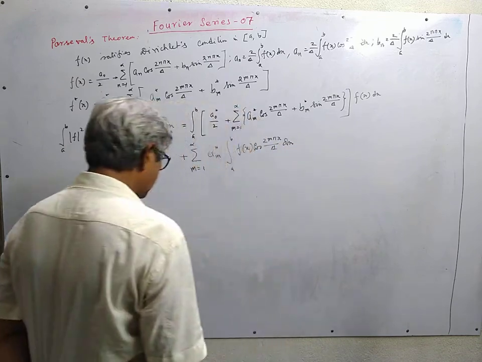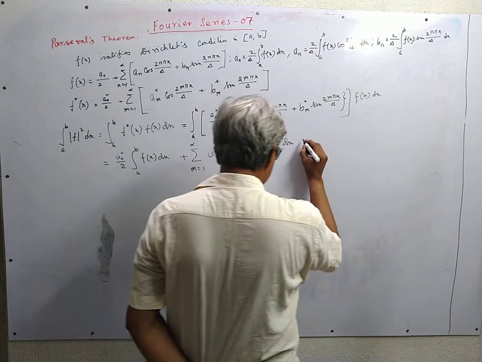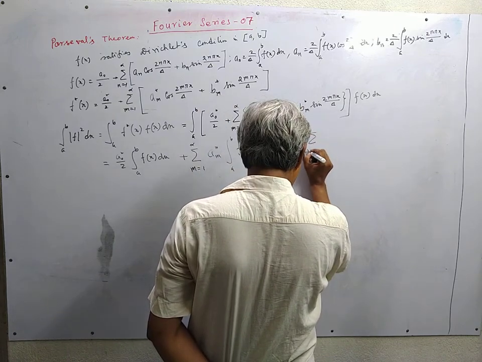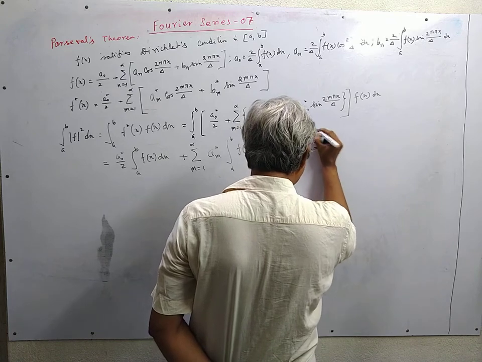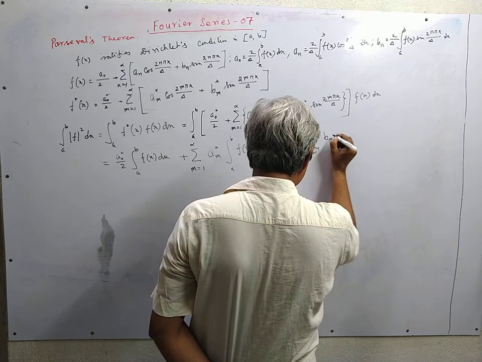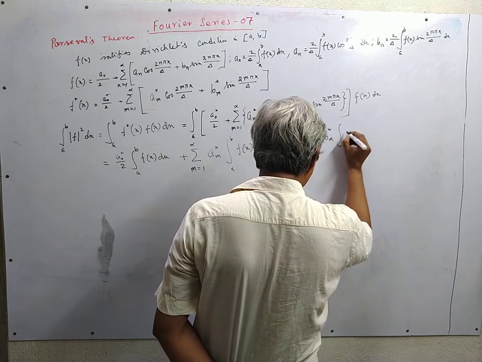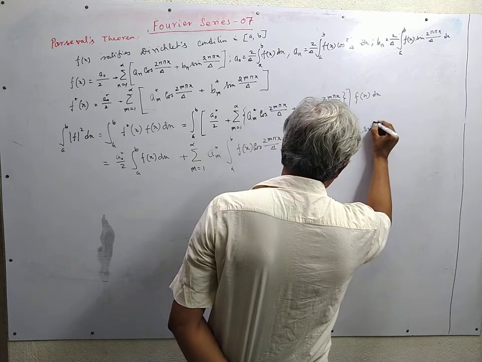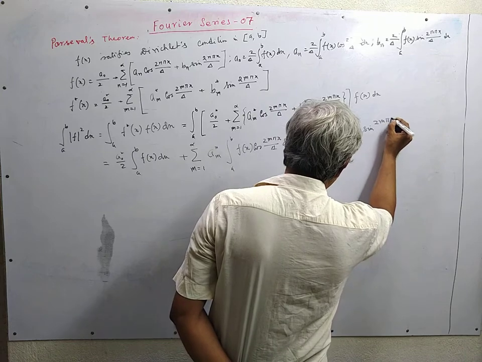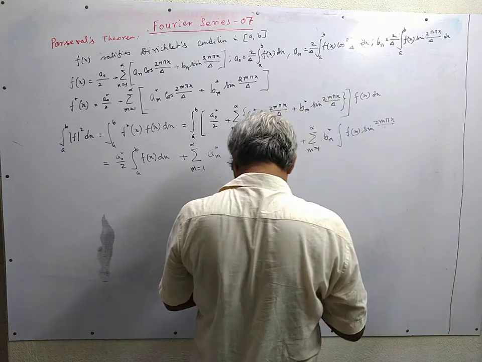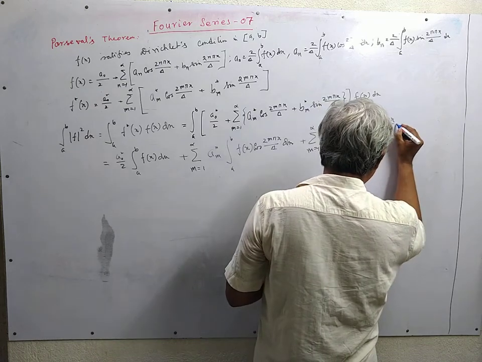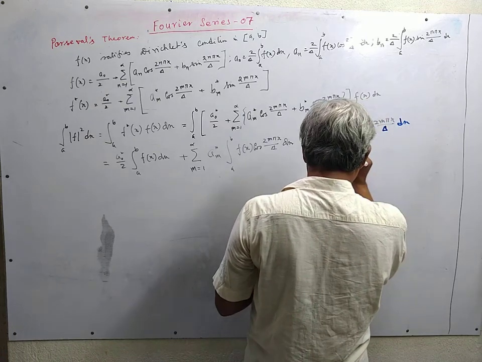This is the first part. For the second part, we have the summation over m equal to 1 to infinity, bm star is out, and then we have the integral of f(x) sin(2m pi x by delta) dx from a to b.